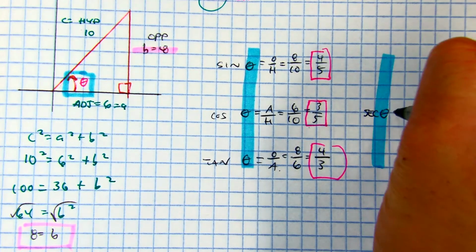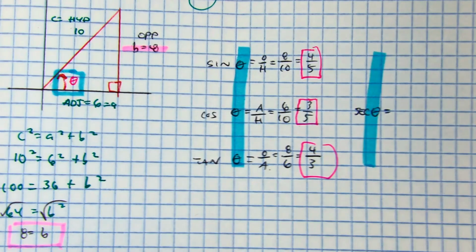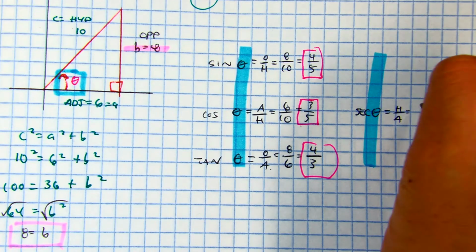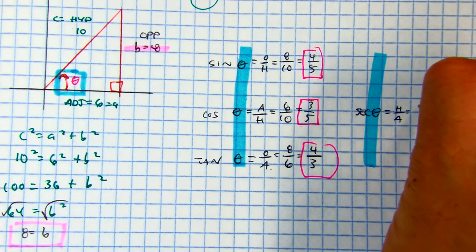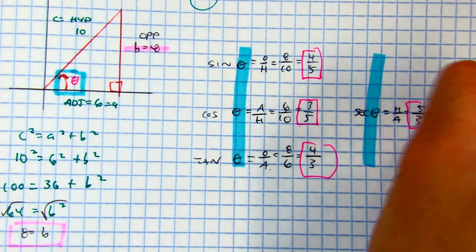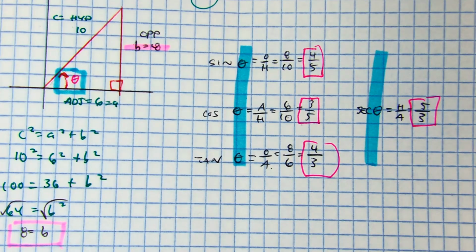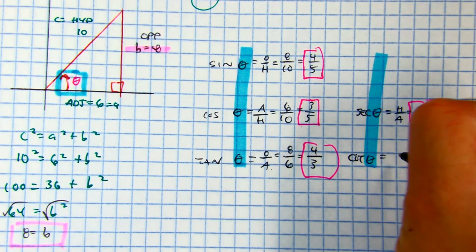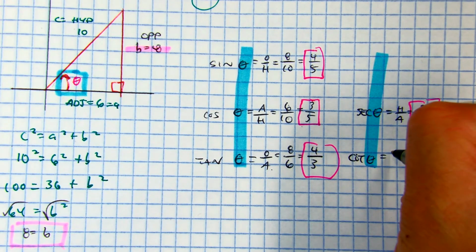Tell me secant. Hypotenuse over adjacent, which is 10 over 6, and that needs to be reduced to 5 over 3. How about Nathan? Cosecant or cotangent? Cotangent. It's 6 over 8. Yep. And it turns into 3 over 4.